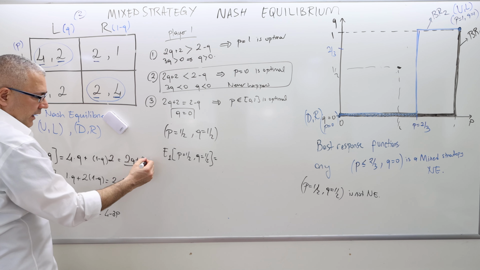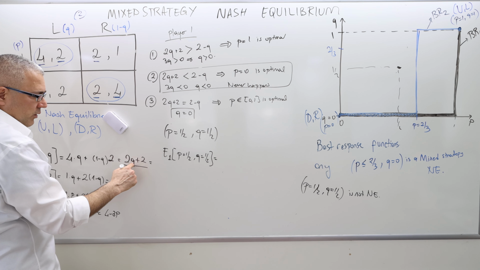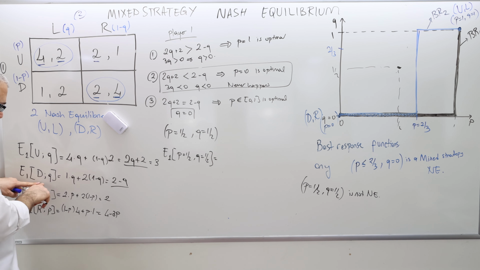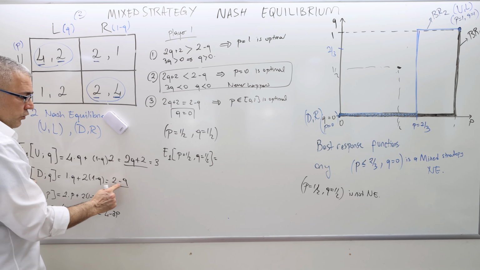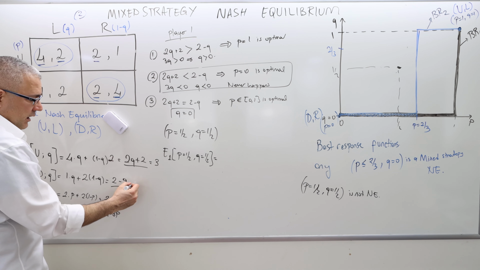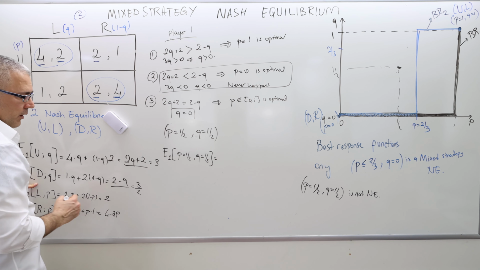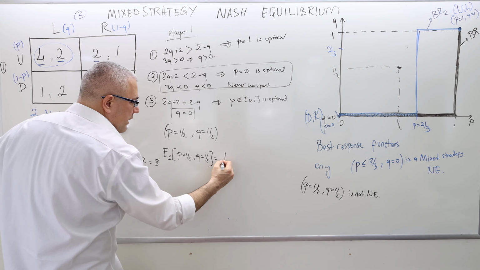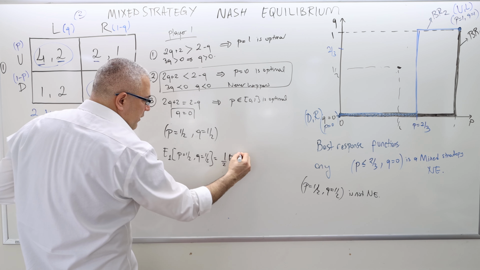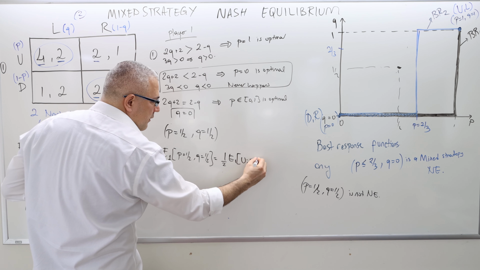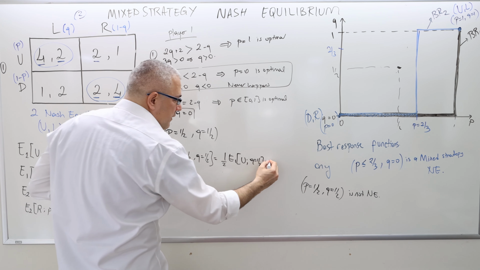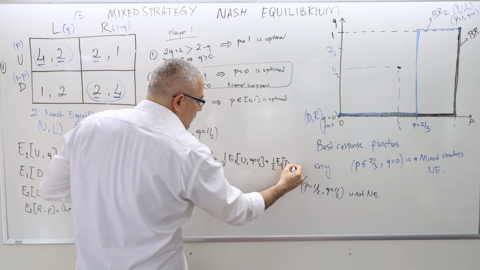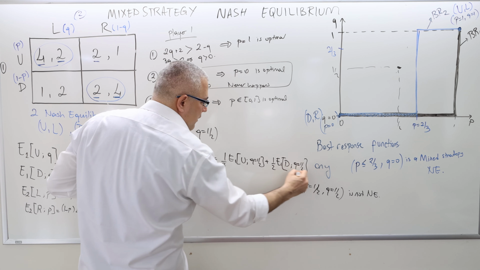When Q is equal to 1/2, this is going to be equal to 2 times 1/2, so 1, plus 2, 3. And if player 1 plays D, his expected payoff will be 2 minus 1/2, which is 3/2. Okay? So P is 1/2, meaning he's playing U with 1/2 probability, and he is playing D with the remaining probability, 1/2.